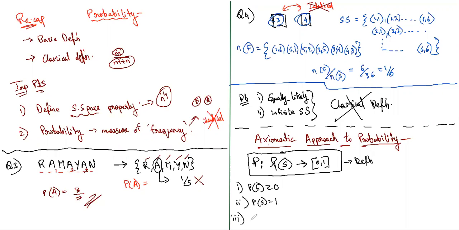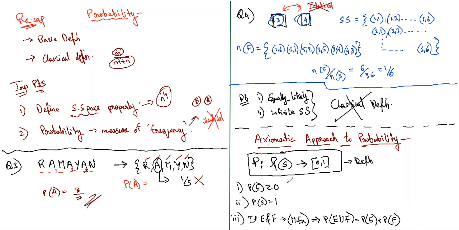Third one tells that if E and F are 2 events which are mutually exclusive, then the probability that E or F will occur will be equal to their sum. Probability of E plus probability of F.